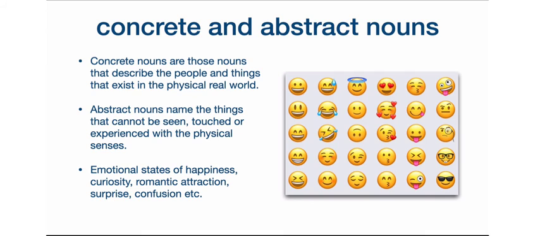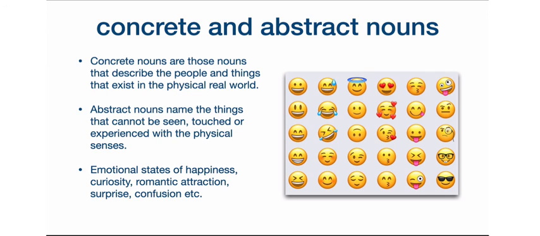Now, concrete nouns. The majority of the nouns that we've been looking at are concrete nouns, and those are nouns that describe people and things that exist in the physical, real world. Abstract nouns, those that name things that cannot be seen, touched, or experienced with the physical senses.